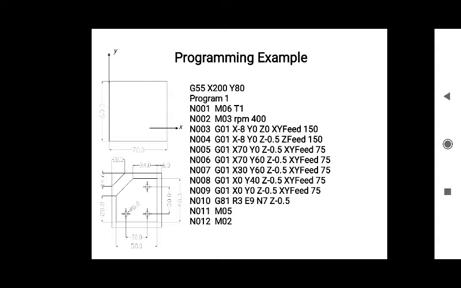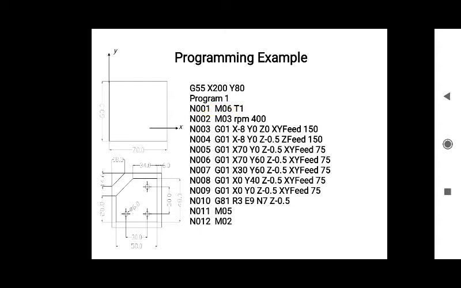We can maintain a gap of 5 or 10. Why? If we want some modification in the program, then we can insert a block in between them. And if there is nothing to change, then you can do it in the regular way. So first let us see the N001 block.